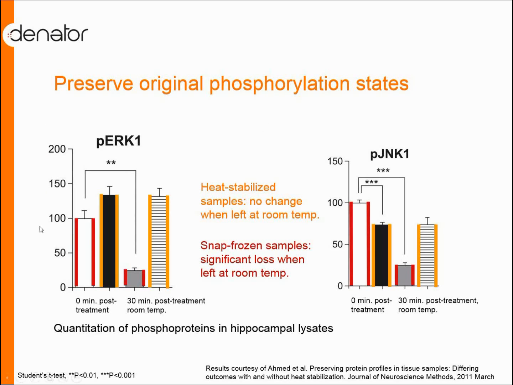The first example, the experimental setup was to look at stability after heat stabilization, keeping the sample at room temperature after it's been heat stabilized. Can we still see the levels that we see if we freeze it directly?